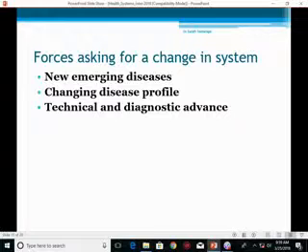Technical and diagnostic advances make us change the systems. New technology is developing, newer diagnostic tools are coming in, so we need to introduce these things.